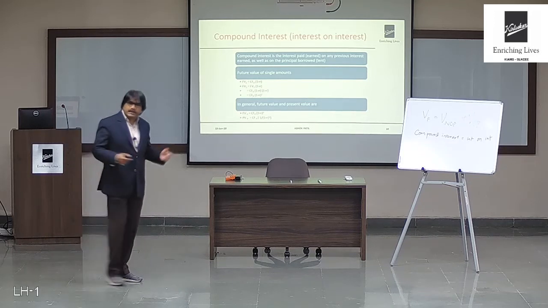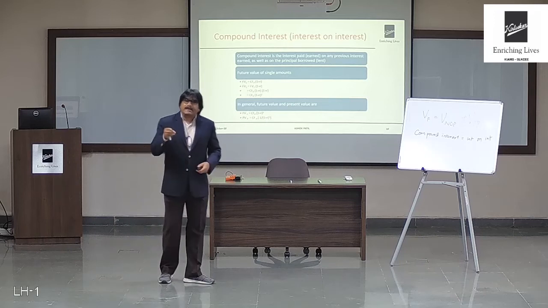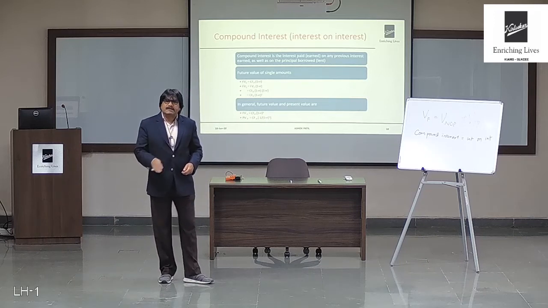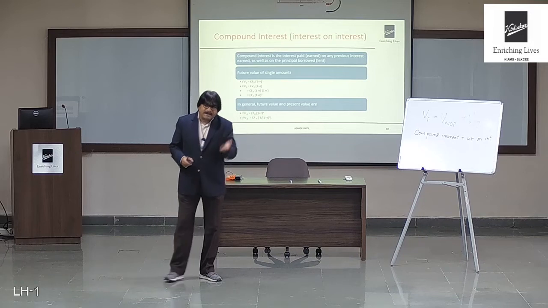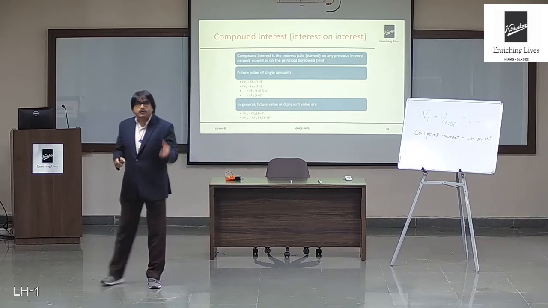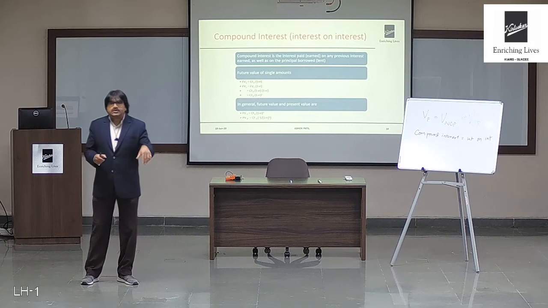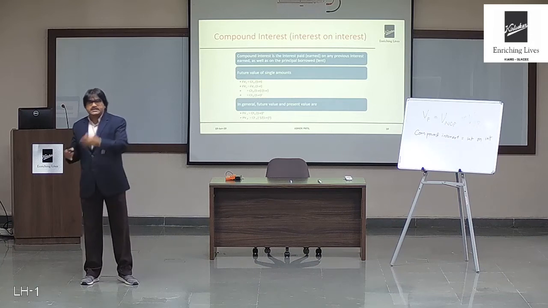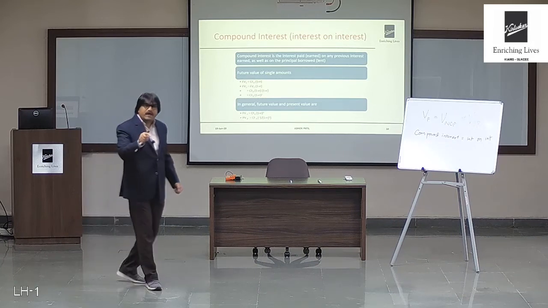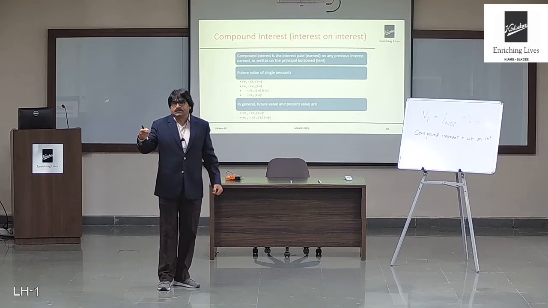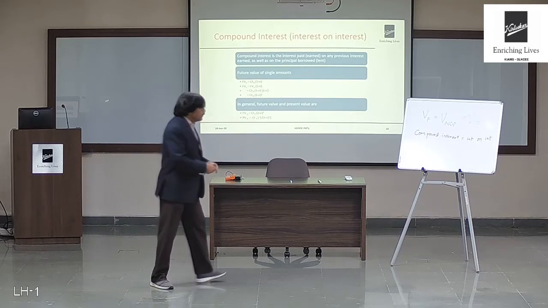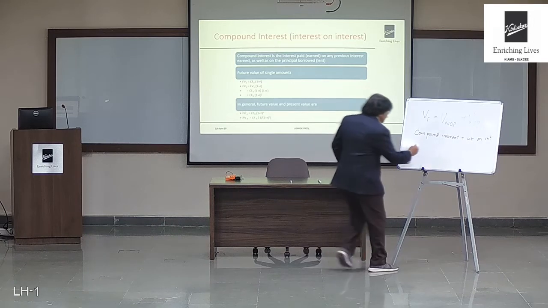But that is not how real life works, and compound interest applies. That means the interest generated in the first year, that is 5 rupees, will be reinvested for the second year, and on those 5 rupees also you will get interest of 5%. That's how the compounding formula works.